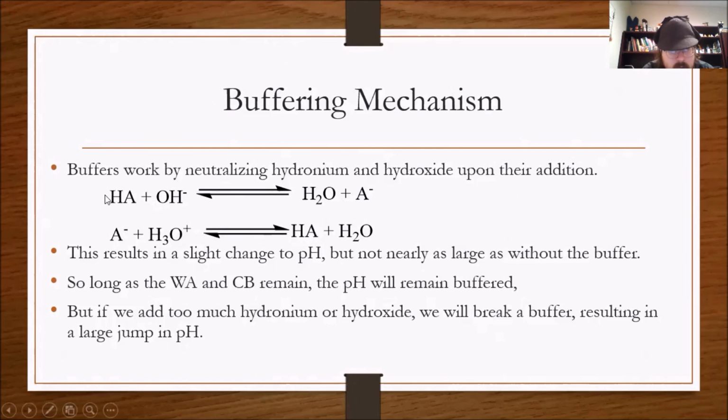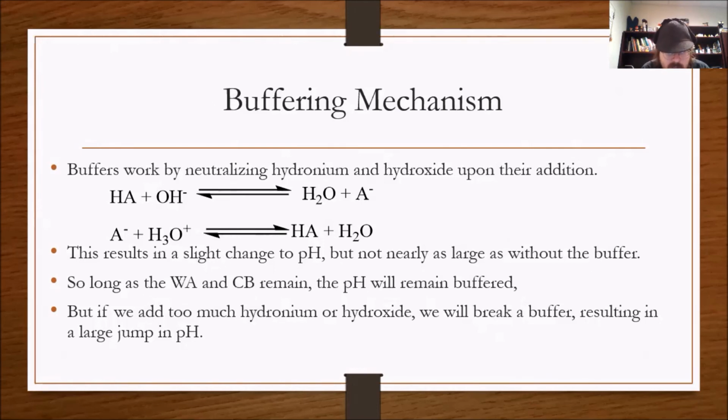So as long as we have enough weak acid or enough conjugate base, it will keep neutralizing OH minus or H plus, and it'll keep the pH more or less the same with very little change. You get a very slight change to pH, but not nearly as large a pH change as you would if you had no buffer.